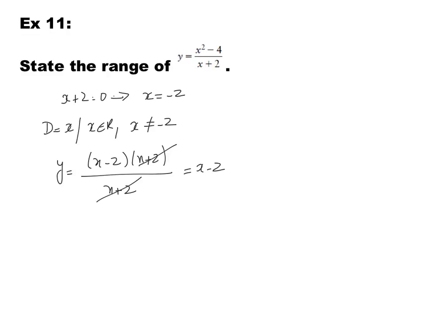This is going to be linear, and as we know, for a linear function the range is equal to the real numbers, so I can write y in R. And there is no value of y that we cannot assign here. So the range is all the real numbers.